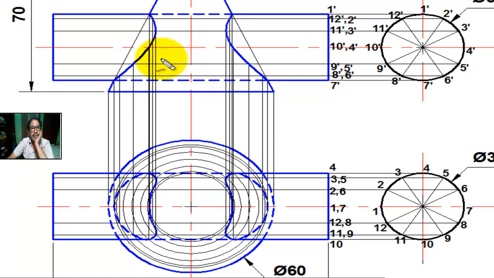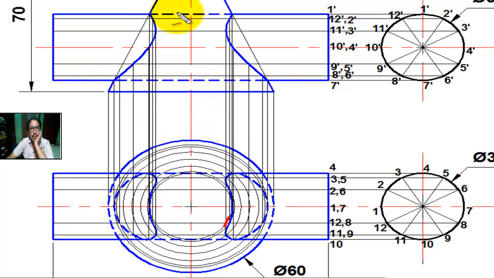In the same way, we draw the curve of intersection in front view and curve of intersection in top view. This portion is firm. This is dotted line.